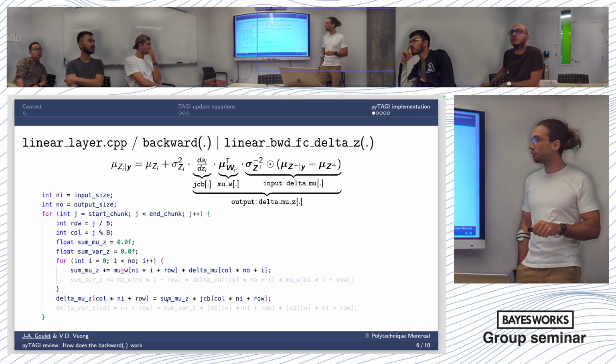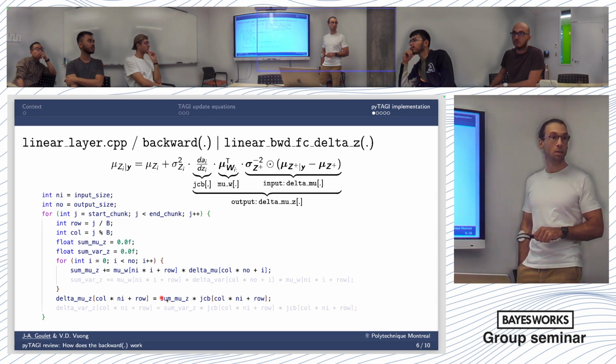Once we've finished this loop, I grayed out these, but they were the computation for the variance. We have this accumulated sum that is multiplied by the Jacobian, TAGI. So mu w is what we have here, delta mu is the input, and the Jacobian is what we have here.